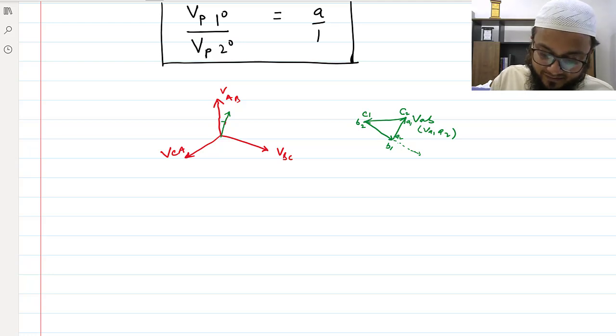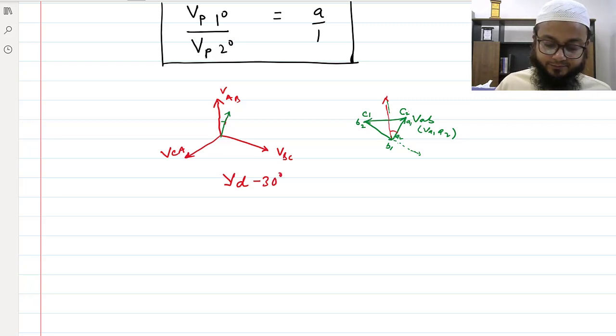So if you compare with this, since the line voltage and phase voltage are the same here, the line voltage of the secondary side is lagging the primary side by an angle of 30 degree. So this is a connection of star YD minus 30, okay?